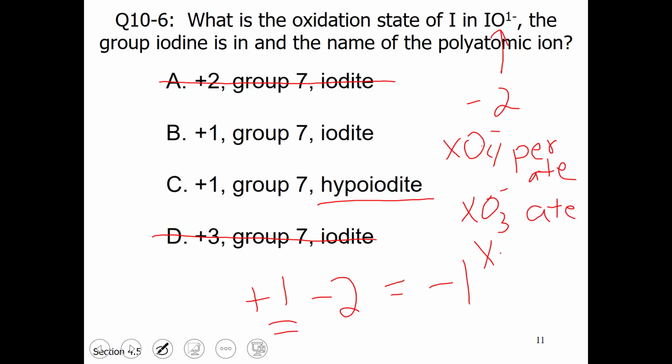If it is XO2-, it's an -ite. And if it is XO-, it is a hypo-ite. And that formula works very well for things with chlorine, bromine, iodine, and oxygen.